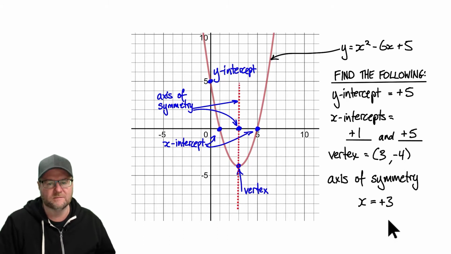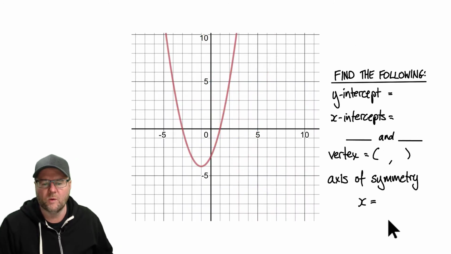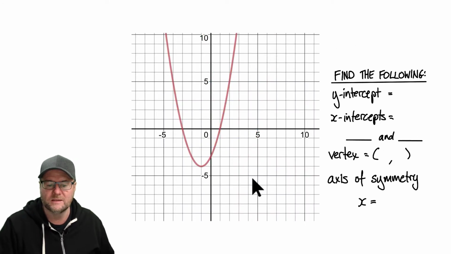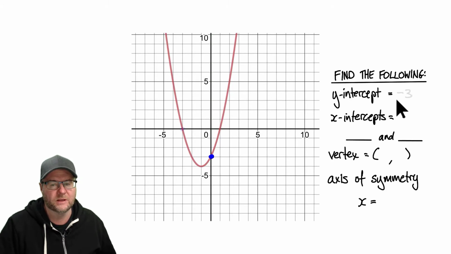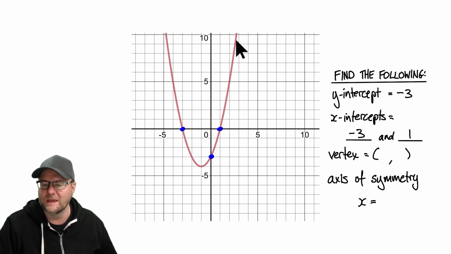All right, we found those things. Let's go and have a look at another example, and we'll go through a little bit quicker and see if we can find them. The y-intercept, where does it cut through the y-axis? Right here, at the y value of -3. So I'd say the y-intercept is -3. I can see the x-intercepts are here and here. I've got two of them, at -3 and +1. So once again, there are two intercepts, two places where this parabola cuts through the x-axis.